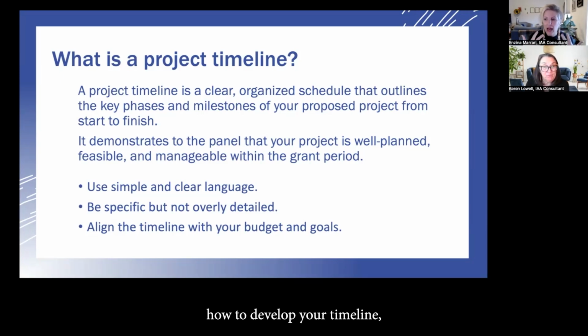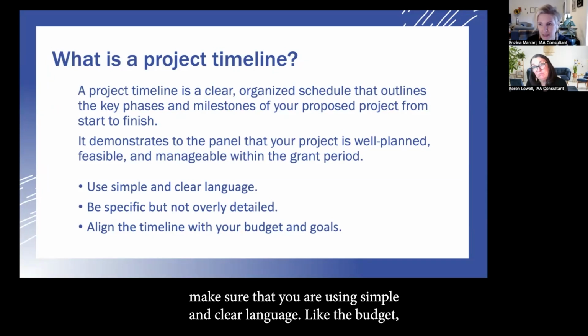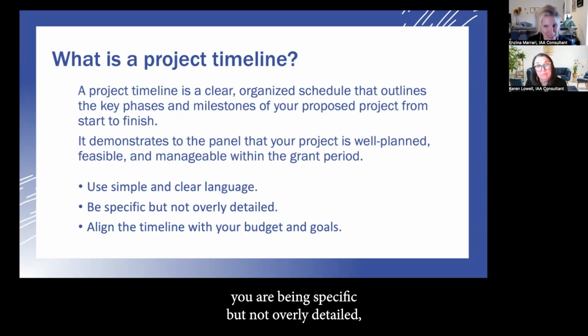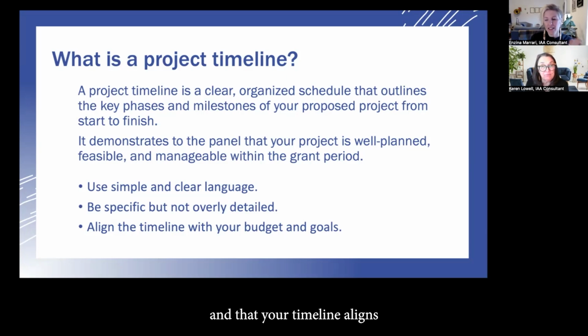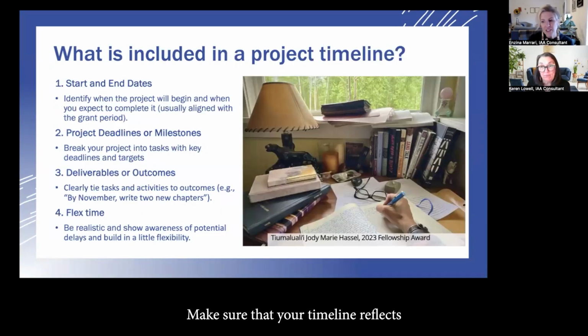When thinking about how to develop your timeline, make sure that you are using simple and clear language. Like the budget, you are being specific, but not overly detailed, and your timeline aligns with your budget and your project goals. Make sure that your timeline reflects achievable goals and activities.